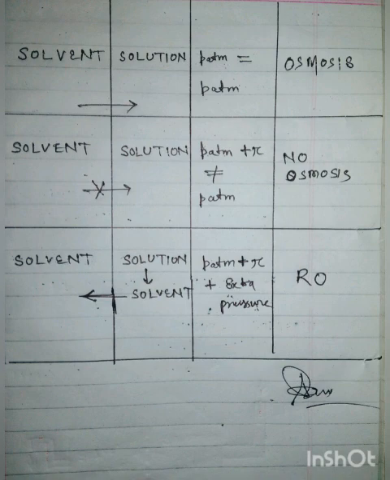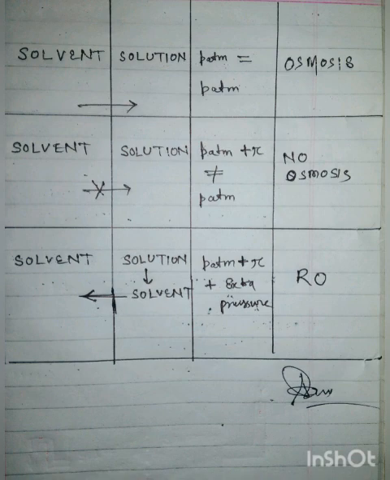But when we apply extra pressure on the jar of solution, this extra pressure will prevent the flow of solvent molecules towards the solution, and that extra pressure is called osmotic pressure, and no osmosis will occur.